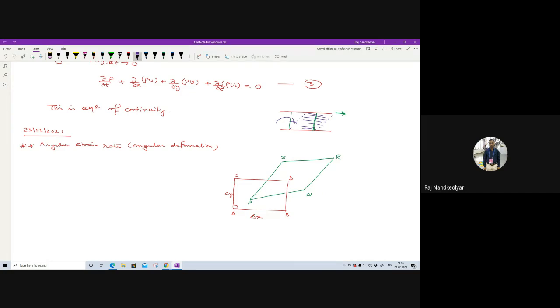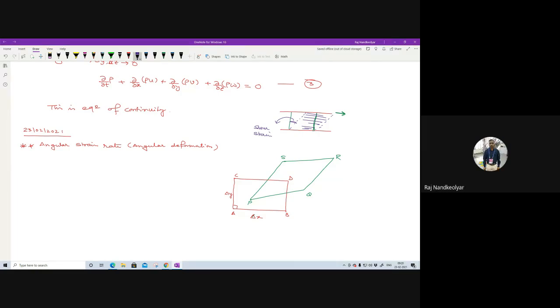And we defined it as shear strain in the beginning itself. ठीक है ना? Shear strain or angular deformation. Is that fine? पहले भी डिफाइन किया है ना? किए कि नहीं? Yes, sir.